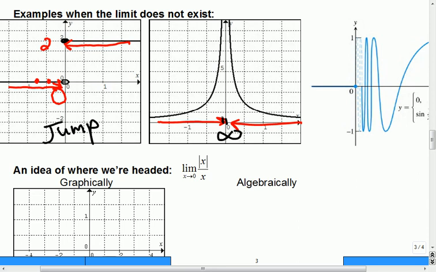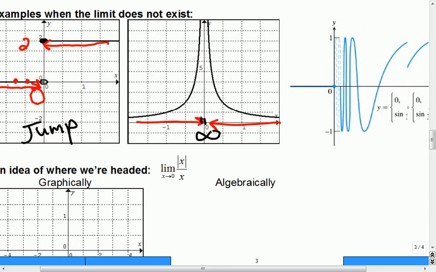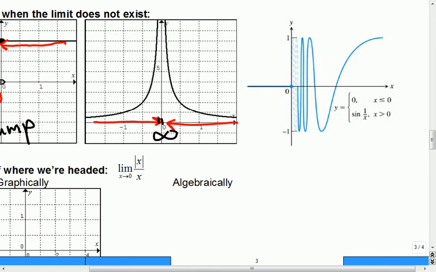Now, sometimes graphs, especially when we introduce trig, go wonky because of the oscillation, the repeating periods. So this graph here, when it's oscillating, the limit would not exist. I'll show you how this is true.